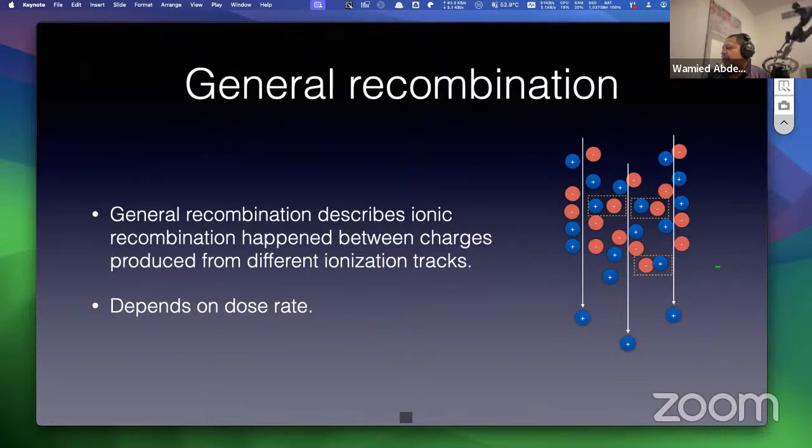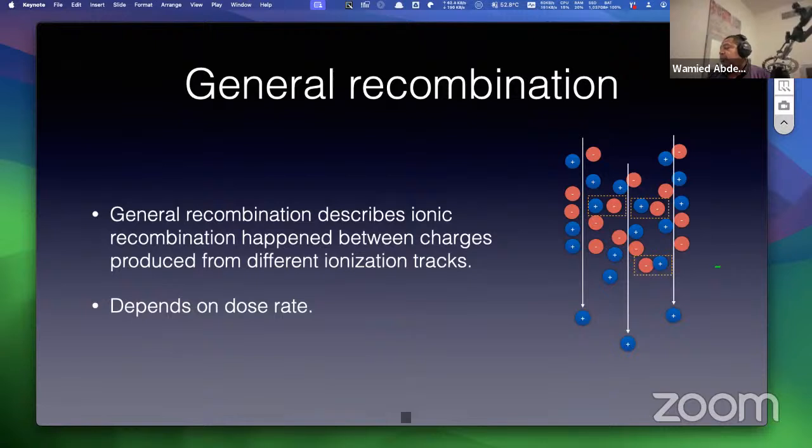So general recombination will be affected a lot by the dose rates of these machines. It's a big problem, especially when we want to commission and measure percentage depth doses, which I'm going to talk about next session.